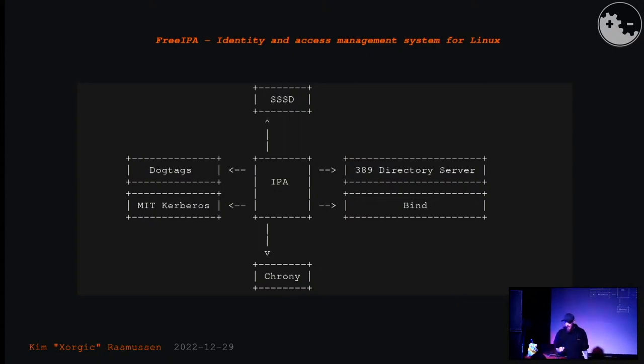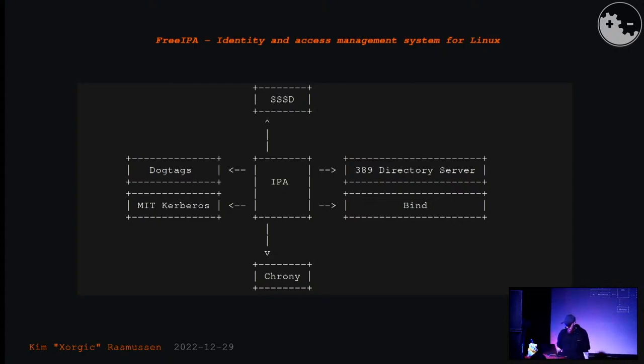Other than that, IPA is scalable and robust in the sense that you can have what is called a replica, which is basically just another IPA server that communicates with the one you set up previously, and then it transfers all of the records and states between all of these servers.